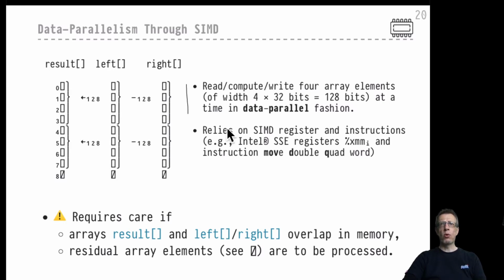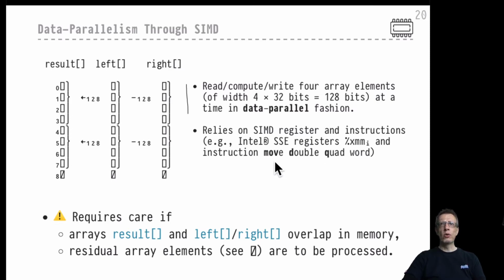All of this, all these wide registers and all these wide instructions are available in modern CPU instruction sets. So on the Intel side of things, this would be the streaming SIMD extension registers that are being used in Intel CPUs, but other CPU vendors have their equivalent instruction set there.